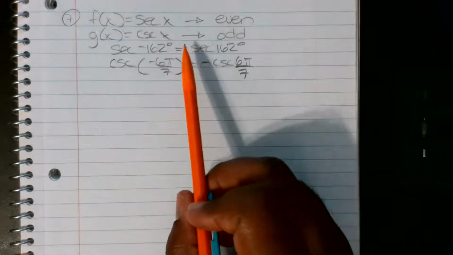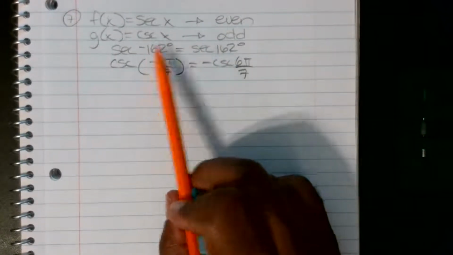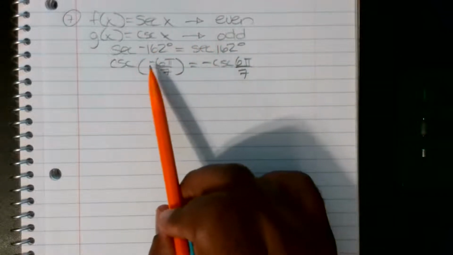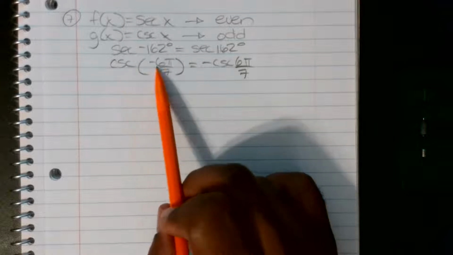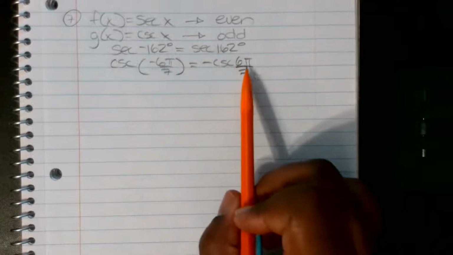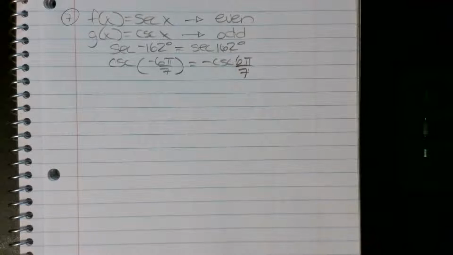Even means whether you're rotating positively or negatively, the cosine or secant value stays the same. Odd means that taking cosecant or sine of the negative angle is the same as doing a positive rotation and then putting a negative in front. It's the same thing we just did.